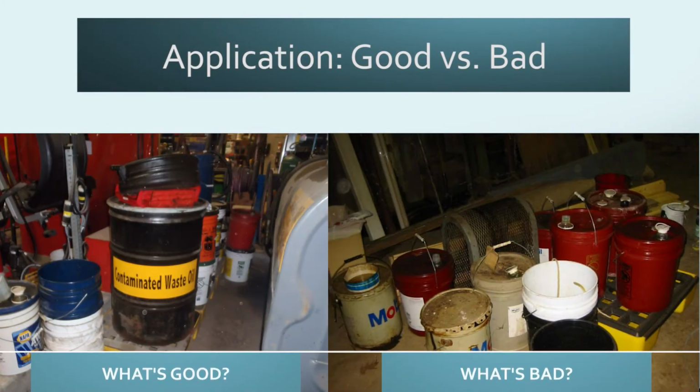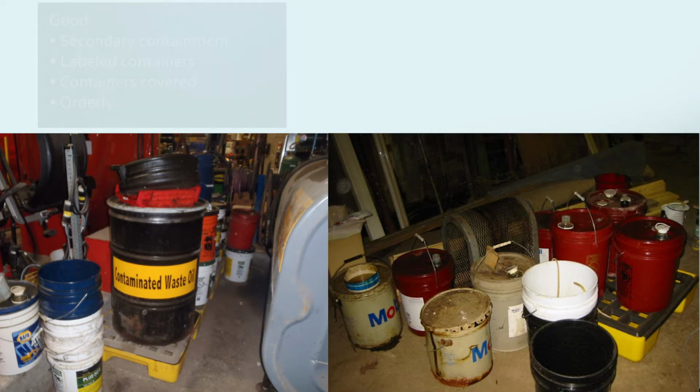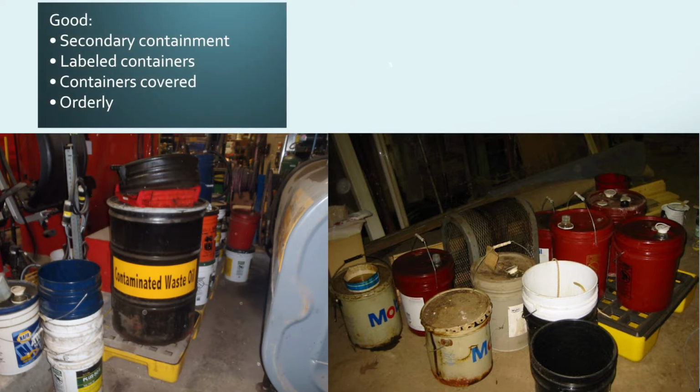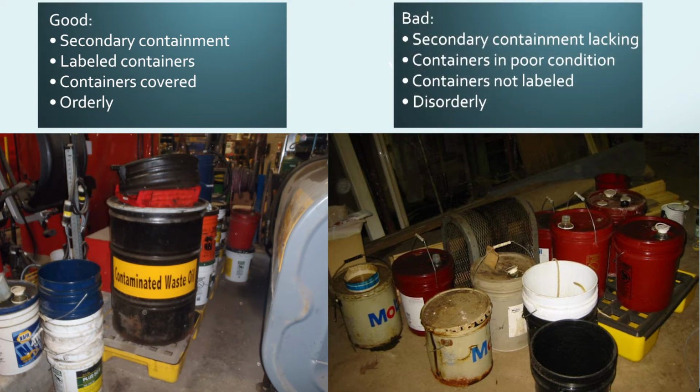What's good and what's bad? Good: there's secondary containment, labeled containers, containers covered, orderly. Bad: secondary containment is lacking, containers in poor condition, containers not labeled, disorderly.